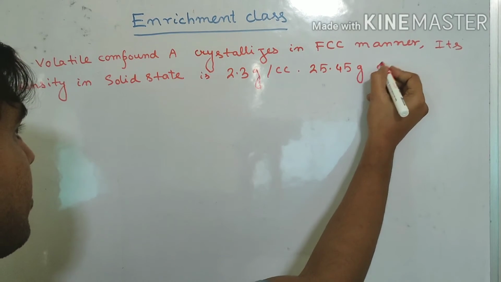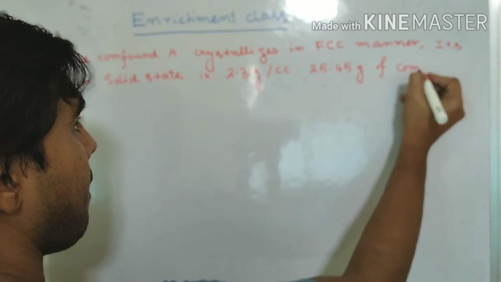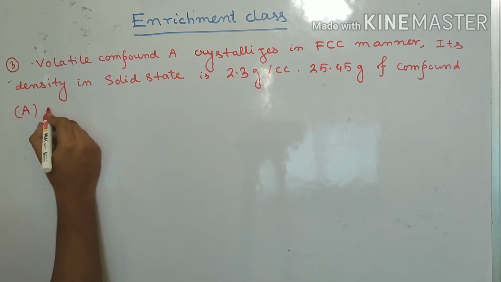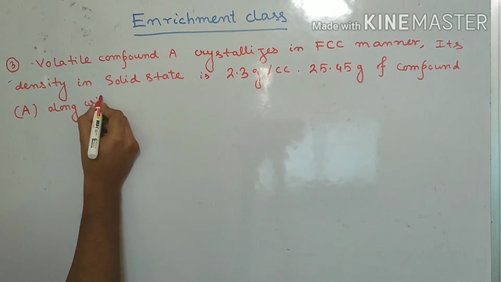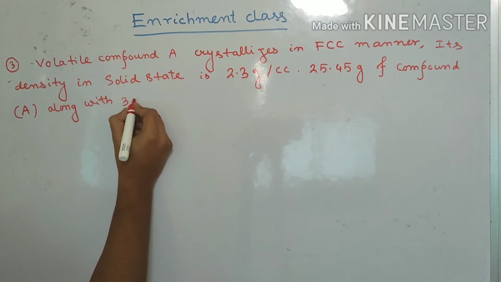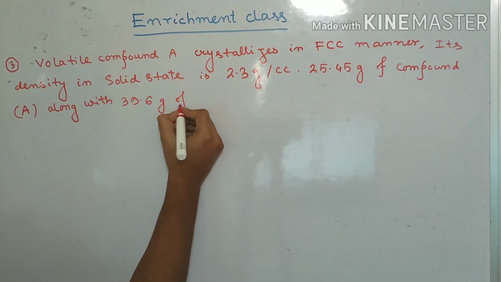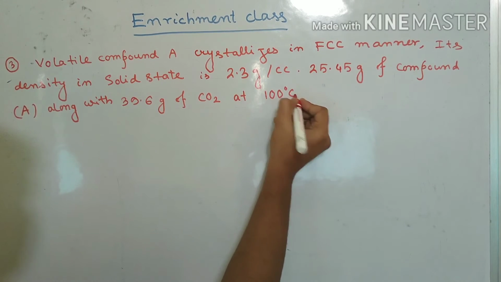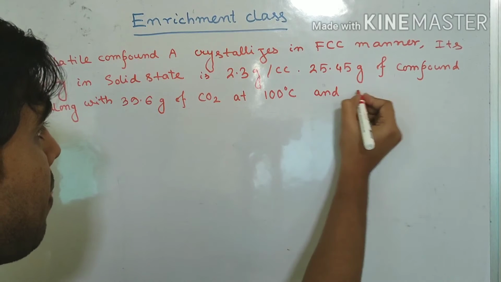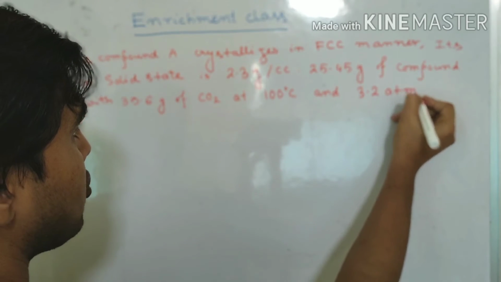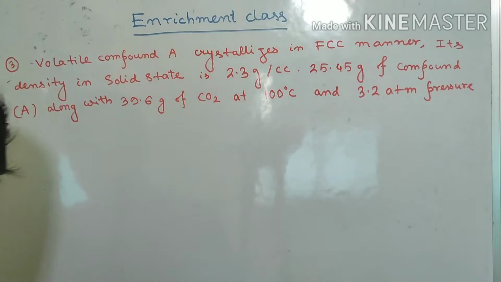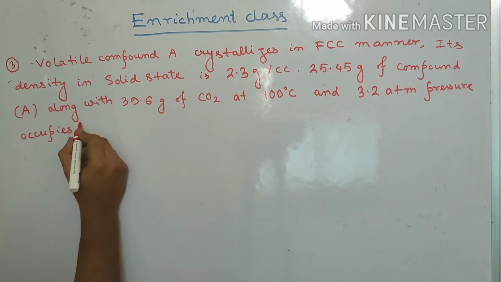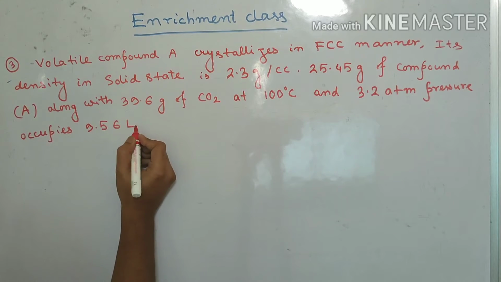Then 25.45 gram of compound A along with 39.6 gram of carbon dioxide at 100 degrees Celsius and 3.2 atmospheric pressure occupy 9.56 liter volume.